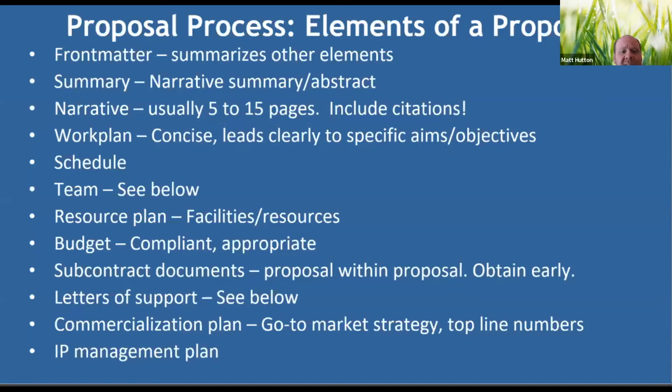And then there's usually a summary or an abstract. So, different language at different agencies again, but some sort of 1-pager or 2-pager that really boils your project down into a digestible form for maybe non-initiated people in the field. A lot of the time that's going to go to or be available to members of Congress.